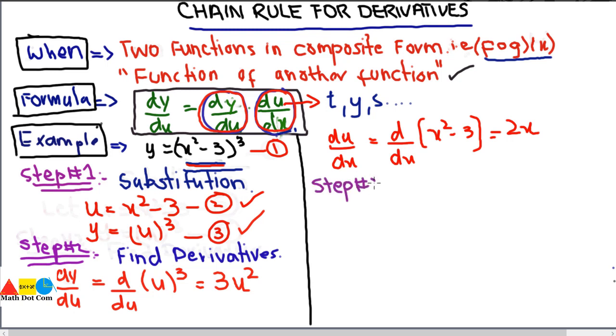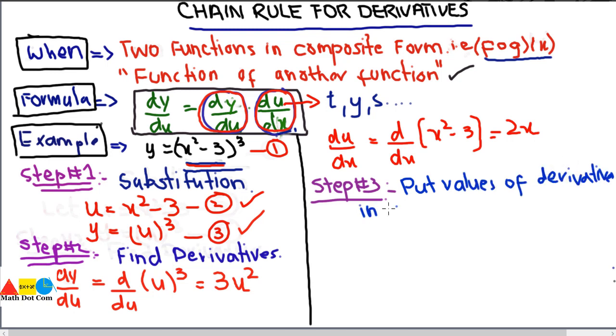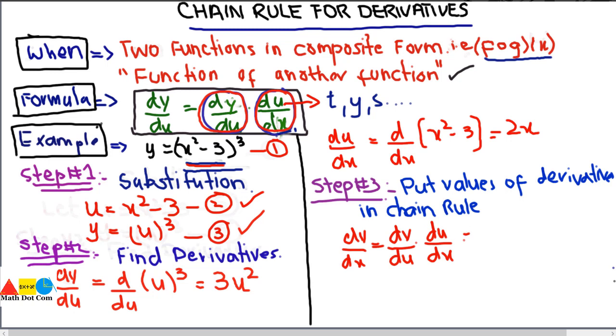Now we have to put the values back in the last step, that is step number 3. Step number 3 is to put the values of the derivatives in the chain rule, and solve. So we have the formula dy by dx is equal to dy by du dot du by dx. Dy by du is 3u square and du by dx is 2x.